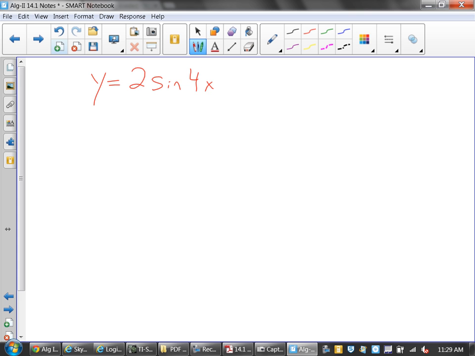B. Good. A is 2, B is 4. That means that my amplitude is the absolute value of 2. What's the absolute value of 2? 2. My period is going to be 2 pi divided by the absolute value of 4, which is pi over 2.